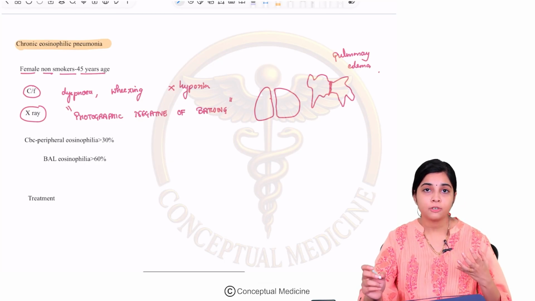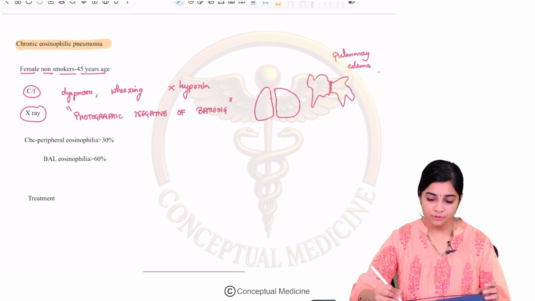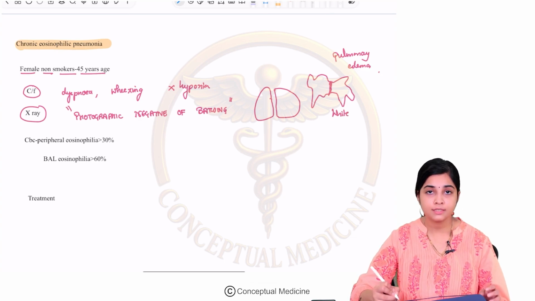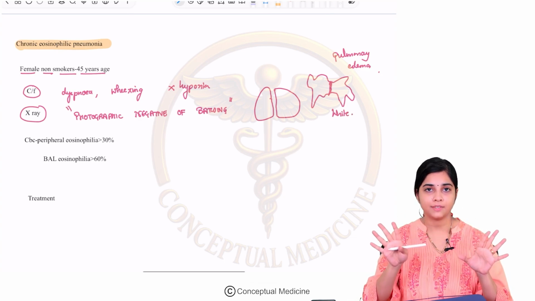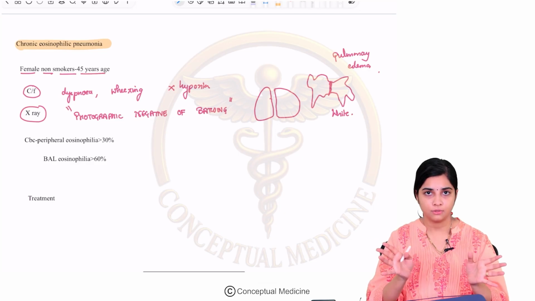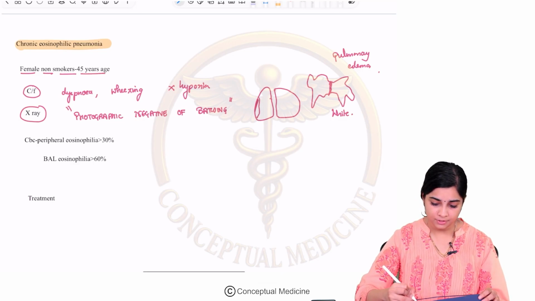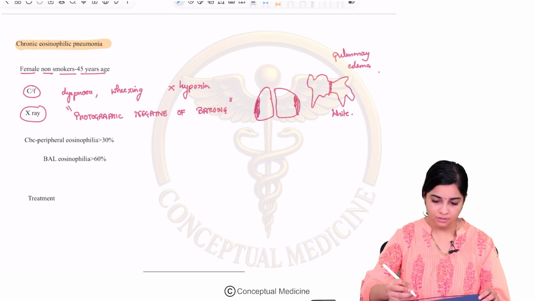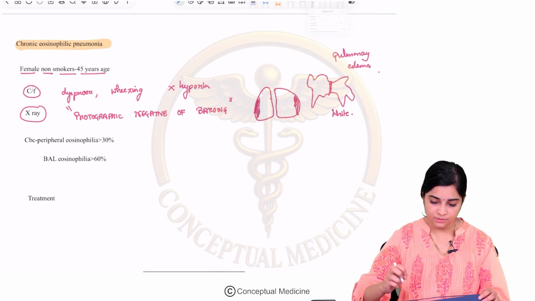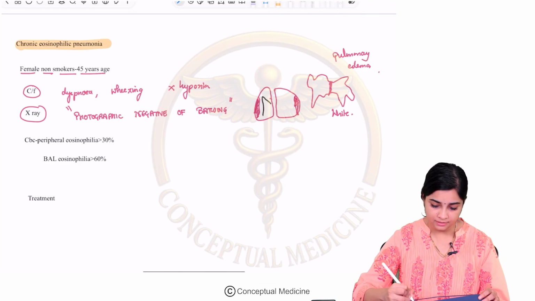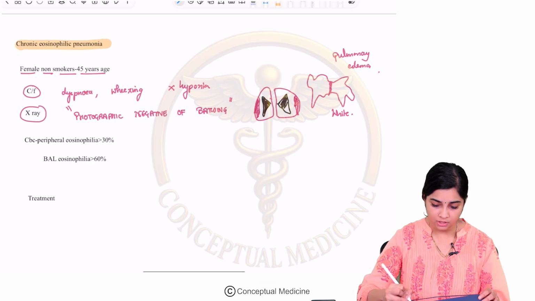So what is a photographic negative? If you see cardiogenic pulmonary edema on an X-ray, it appears like a bat wing from your hilar nodes. It is white in color. So if that area is black and the infiltrates are predominantly peripheral, on your X-ray you find this bat wing which is basically black because the white infiltrates are predominantly peripheral.